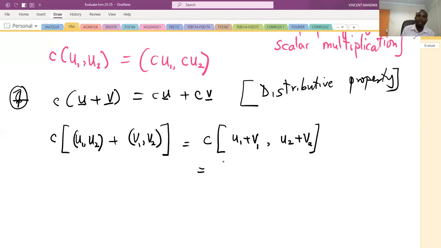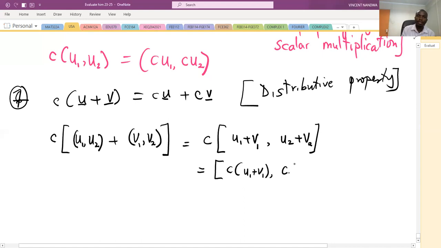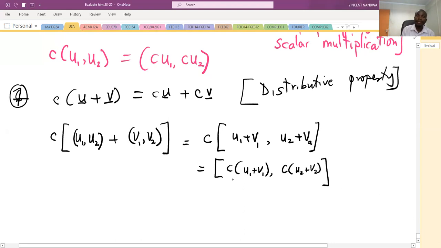So I have C into U1 plus V1, comma C into U2 plus V2, which will be CU1 plus CV1, comma CU2 plus CV2. That's what we have.